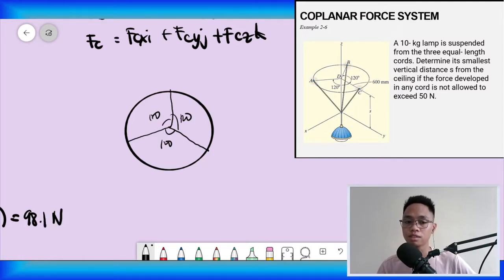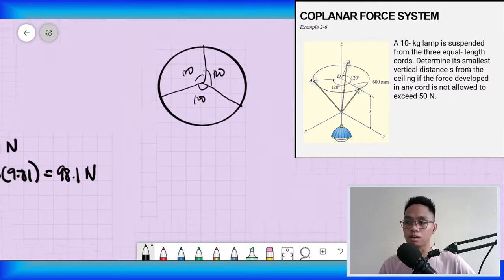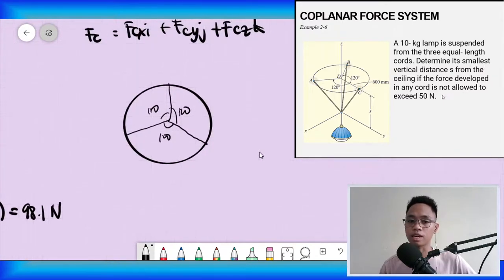If you investigate further, X and Y are always zero. Meaning, along X and along Y, the setup is in static equilibrium. Now, where can we use this in order to determine our S, the height, our vertical distance?